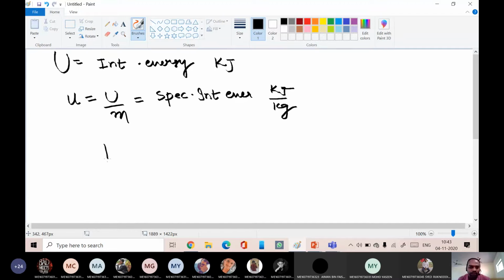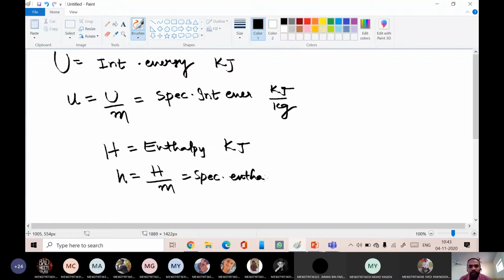Not only this, anything else too. Capital H is the enthalpy, in kilojoules, and small h equals enthalpy per unit mass. This is called specific enthalpy, written in kilojoules per kg.